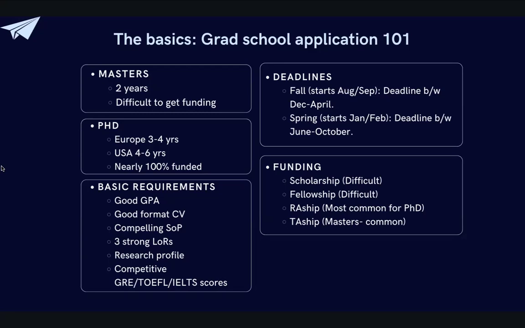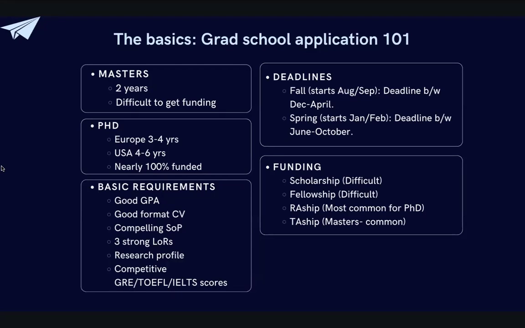Okay, I'll talk about deadlines also. If you decide to apply for fall of next year, the deadlines will be in December of this year. And if you are thinking about applying to spring, the deadline will be June to July. So that is the deadline to consider.